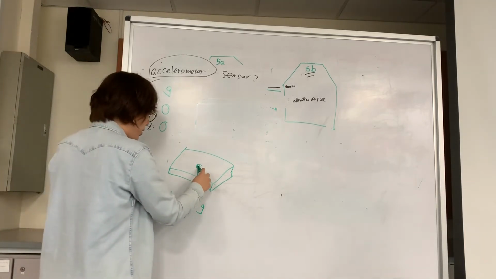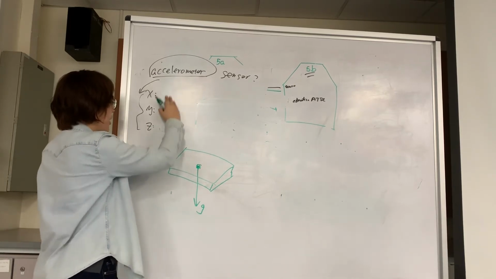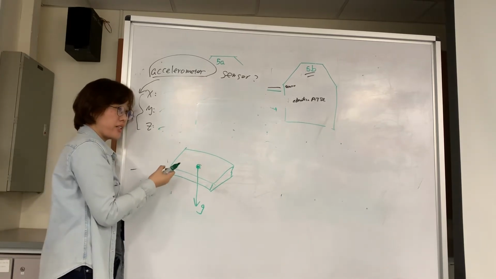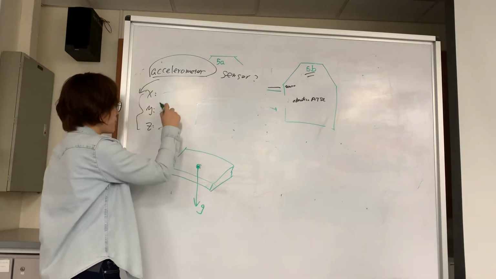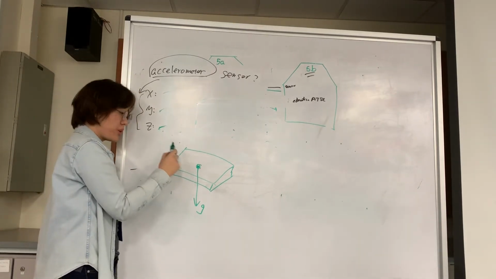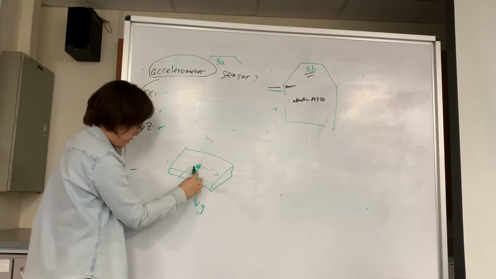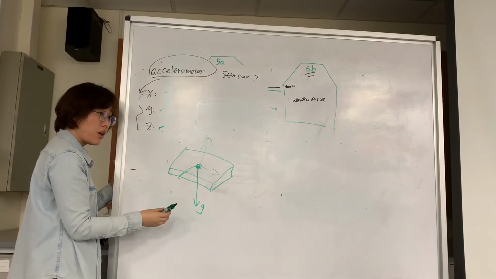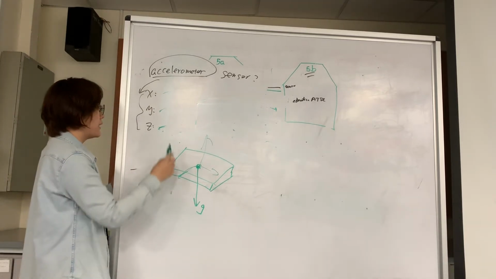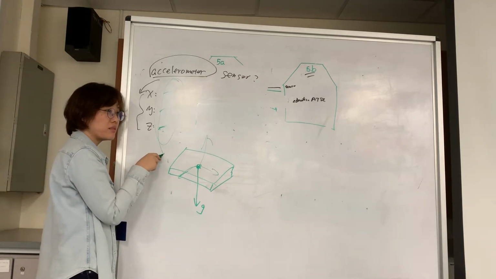Then you can see that in this case, you will get values on all three coordinates. None of them are zero, because your g is actually separated into three different directions. But there are still relationships there, right?